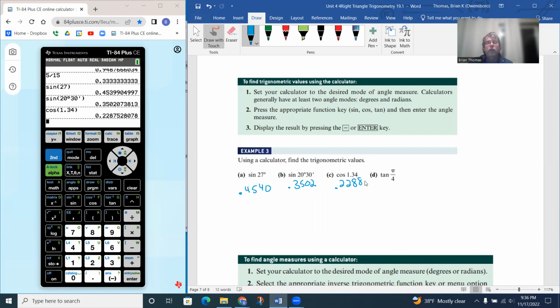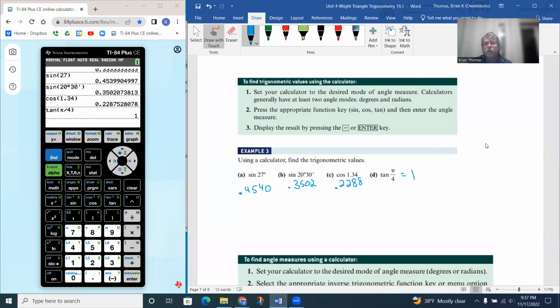That 7 would round up to an 8. Then we have the tangent of pi over 4, and that's going to be in radians as well. We can just use division: second pi divided by 4. We don't have to get too crazy with that. Hit enter. That'll give me 1. Pi over 4 is actually a 45-degree angle, and that's going to be a 1.